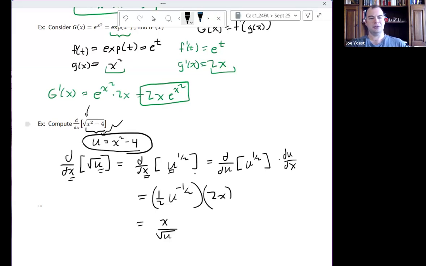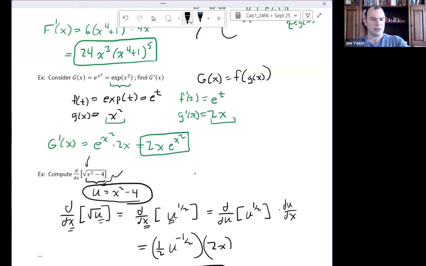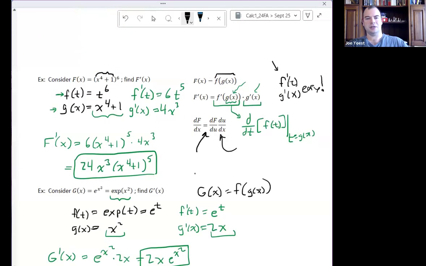I should get rid of the u's. I should switch the u's back into x's. And that's my derivative. So I think when you're starting out, it's easier to use this prime notation formula.